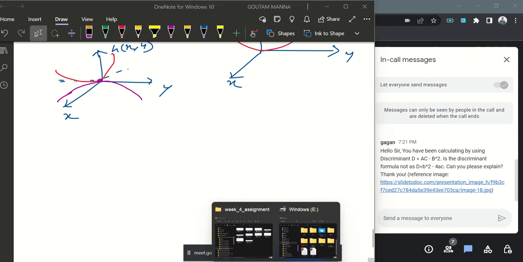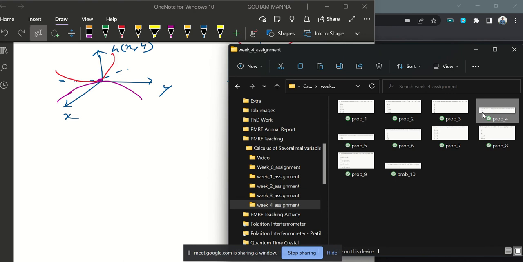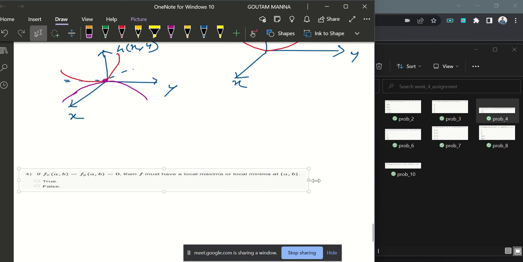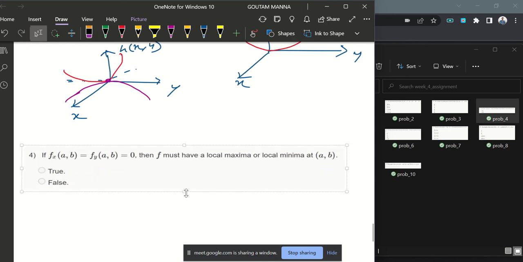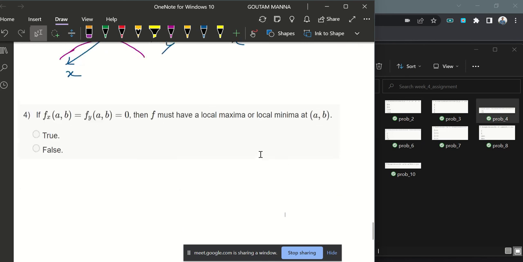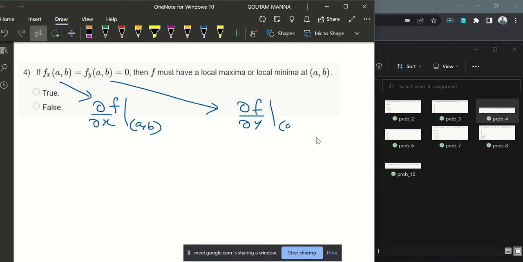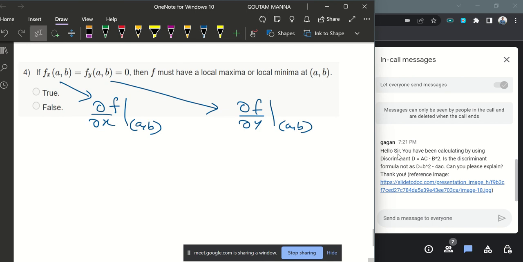So now the next problem. In problem 4, you are asked: f with suffix x means del f del x at point (a, b), and f with suffix y means del f del y at point (a, b).